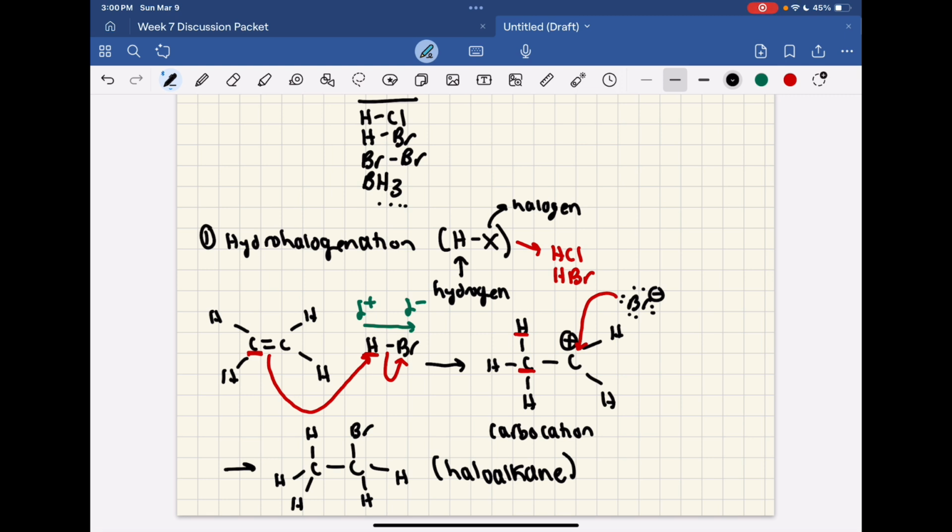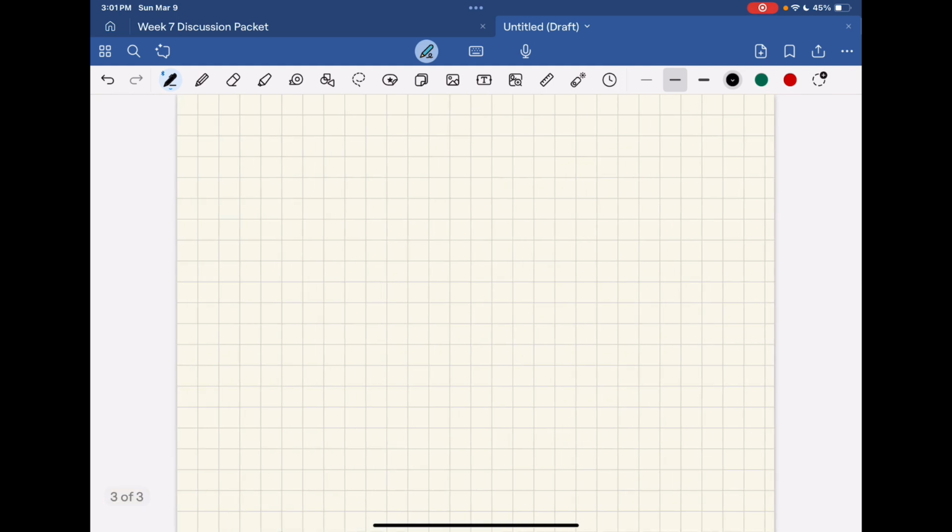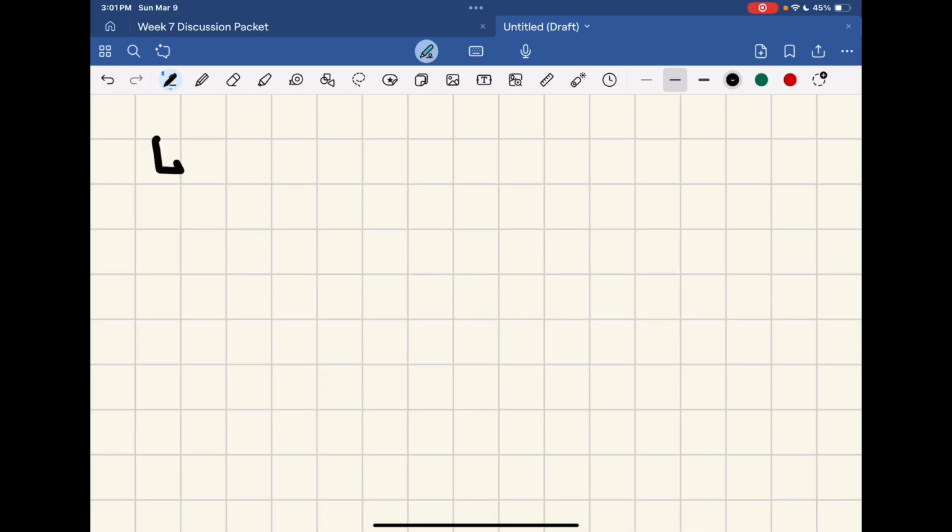Okay, but we should probably talk a little bit about this intermediate, this carbocation. It is a reactive intermediate that is going to come up a lot throughout the course of Organic 1 and 2, so we should understand these intermediates and their relative stabilities and reactivities. So we're going to do a brief aside on carbocation intermediates.